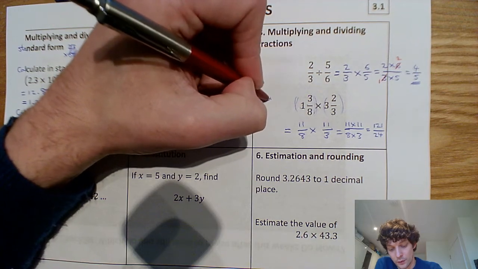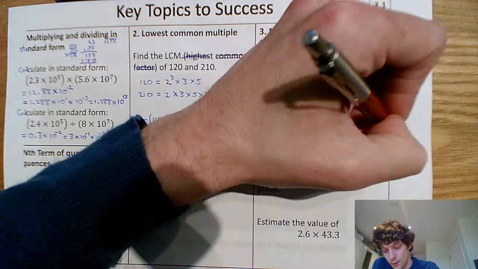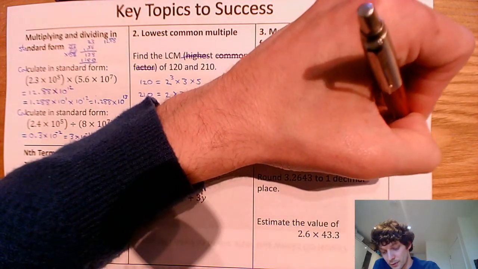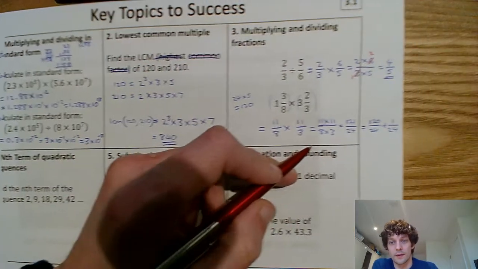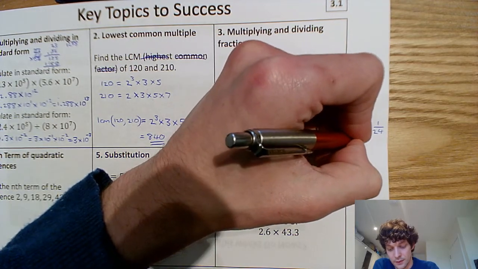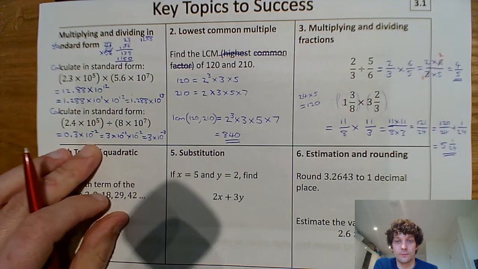In fact, I know that 24 times 5 is 120. So I could split this 121 into 120 24ths plus 1 24th, like that. And 120 divided by 24 is 5. So it's 5 and 1 24th.